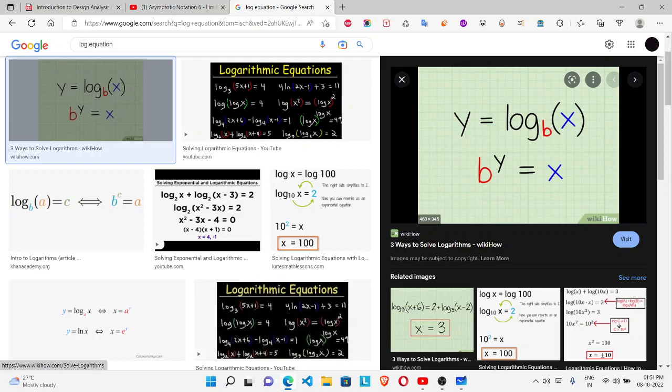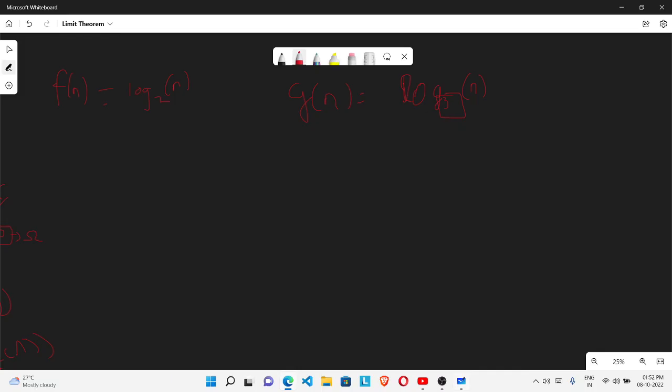Alright, so if my base is higher, then the function will grow slower, right? So in this case, I can see my g of n is smaller as compared to f of n. So f of n is greater than g of n.